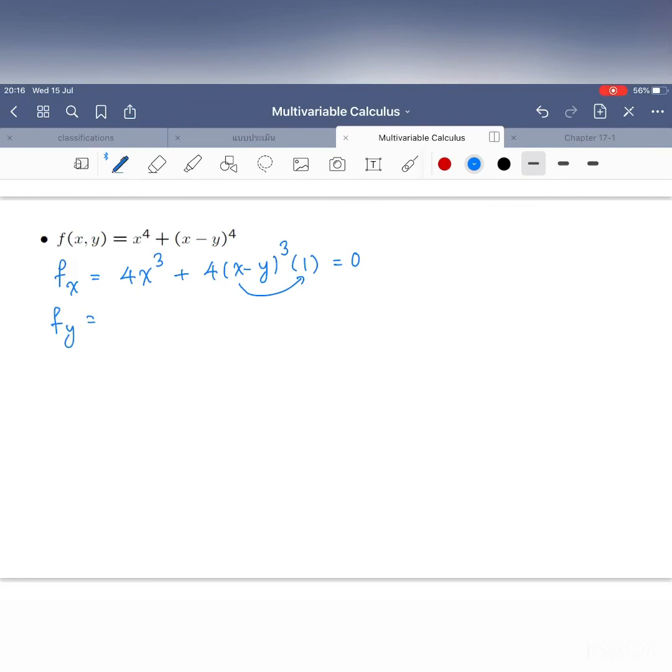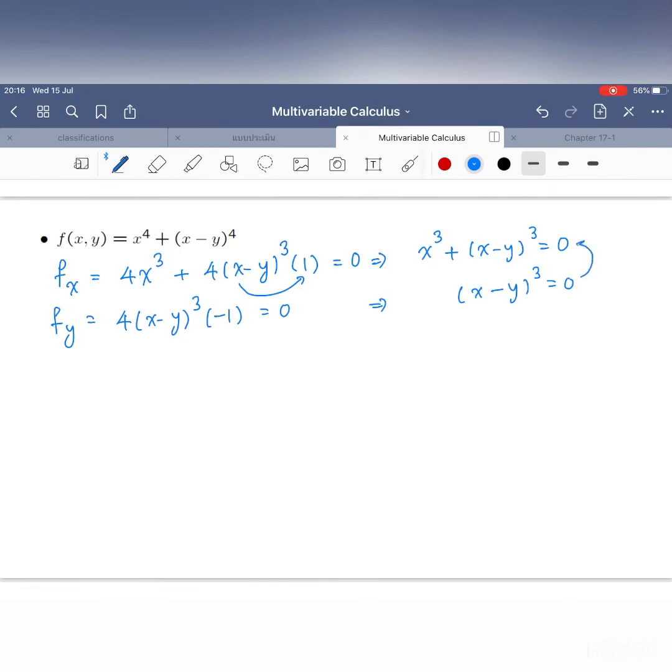F sub y, you have only 4 times (x minus y) cubed, and then the derivative of the inside, which is negative 1. So if you just simplify it by dividing by 4, you have (x minus y) cubed equals to 0, and for this one you got (x minus y) cubed also equals to 0.